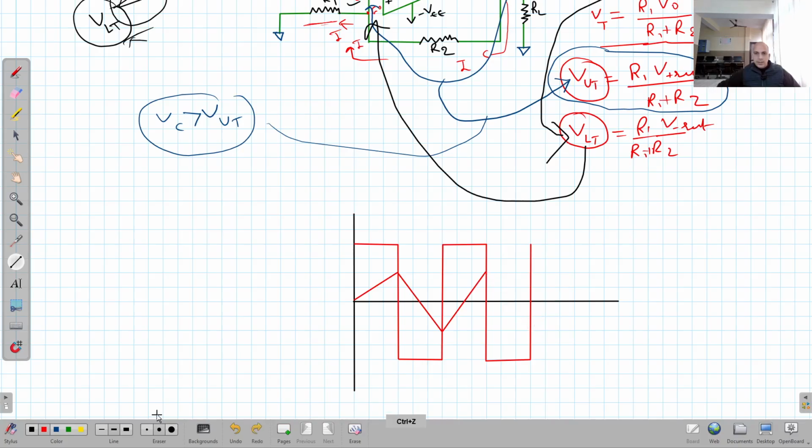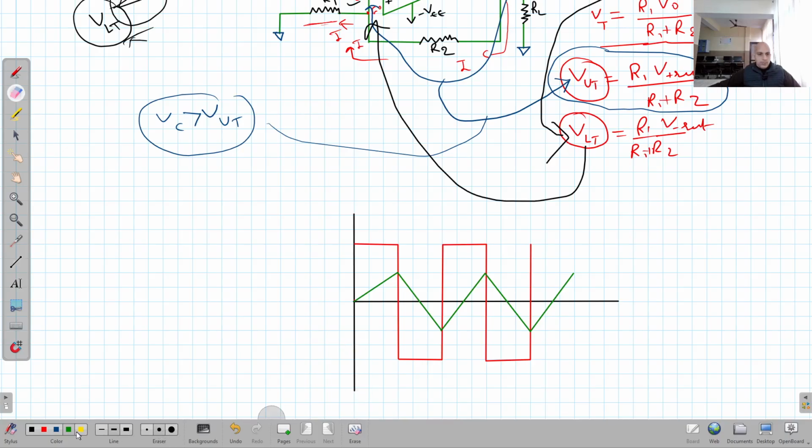Even I can draw it in this way to make it very clear. What is this? This is the voltage across a capacitor. This is the waveform of the voltage across a capacitor. That's why I have taken a separate color for it to make it different.